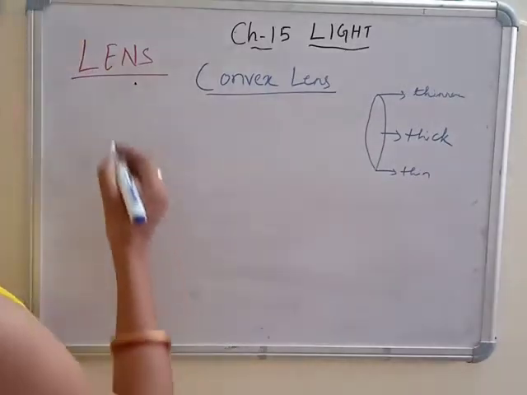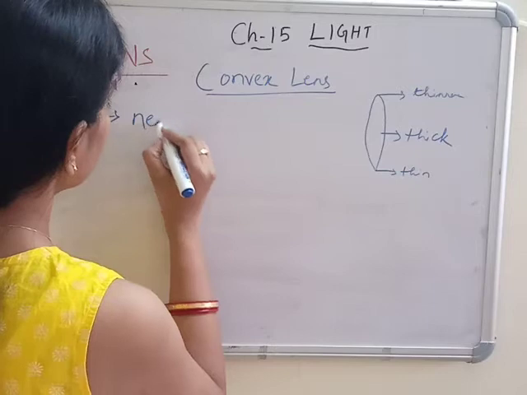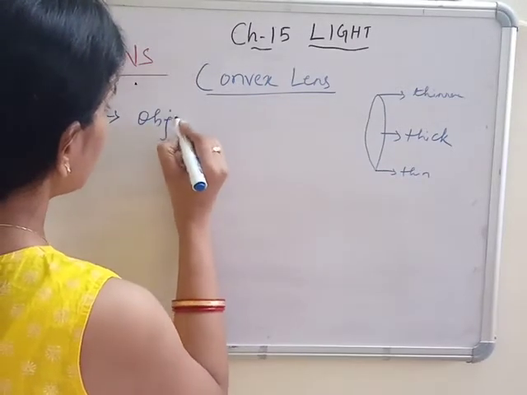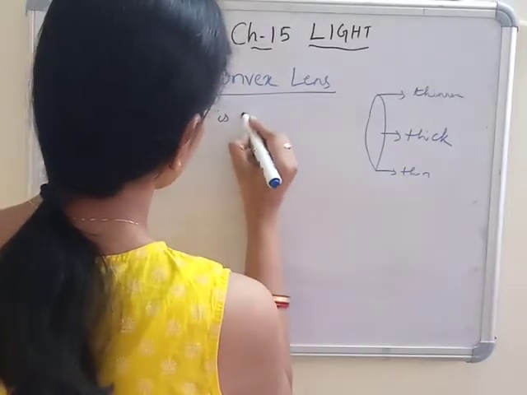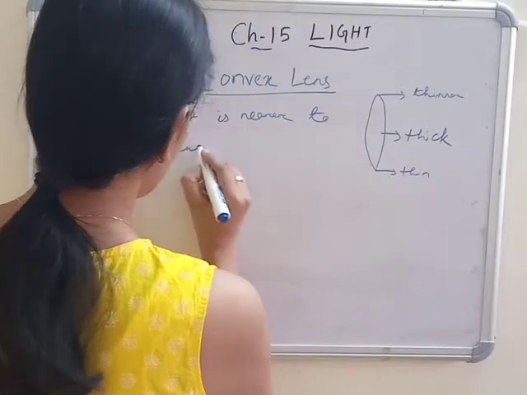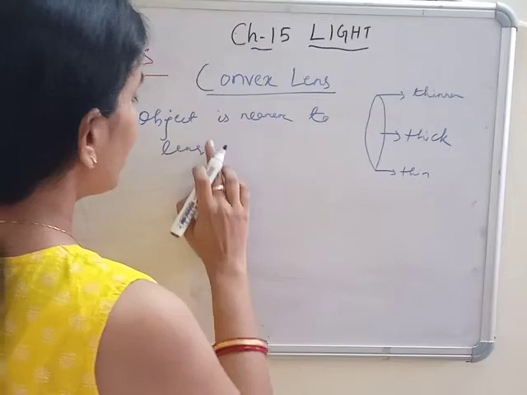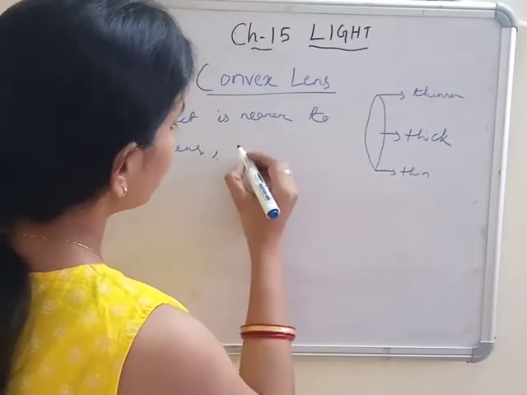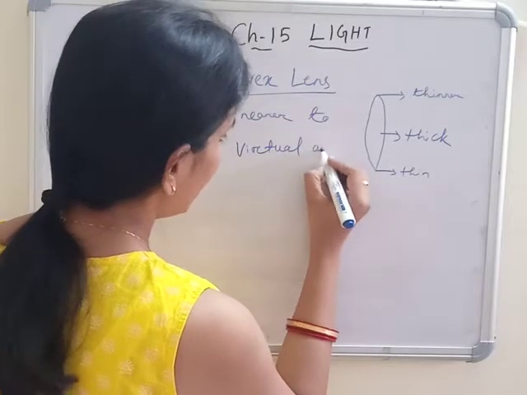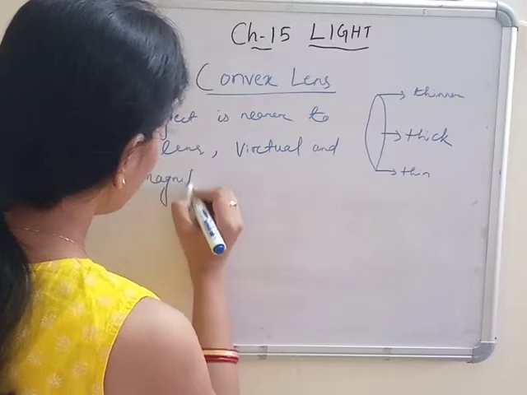If the object is nearer to the lens, if the object is placed nearer to the convex lens, you will find a virtual and magnified image.